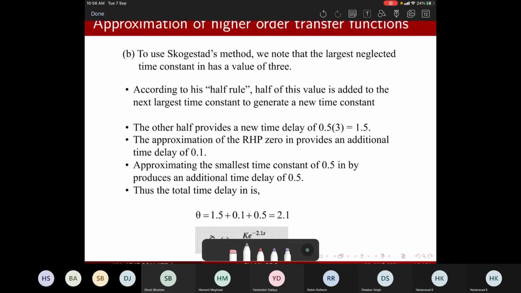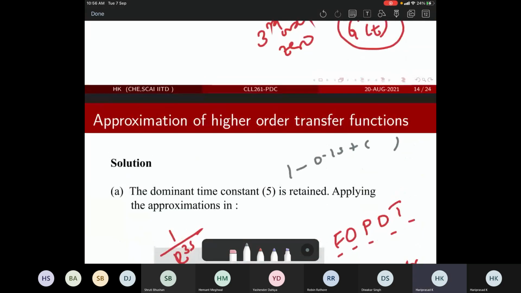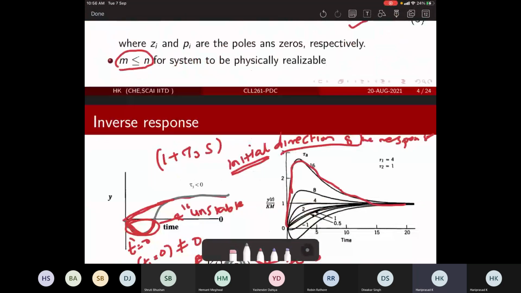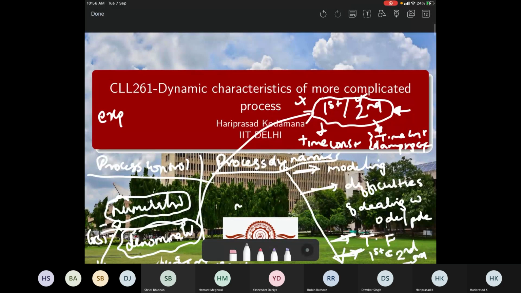Okay. So what we are learning is regarding more complicated processes. This more complicated process is essentially a problem, so we will have to look for various levels of approximation to make it simpler.